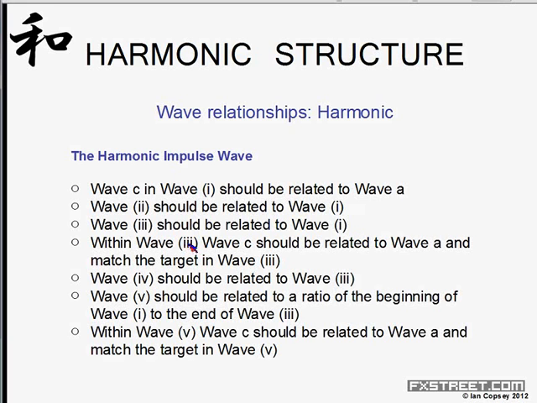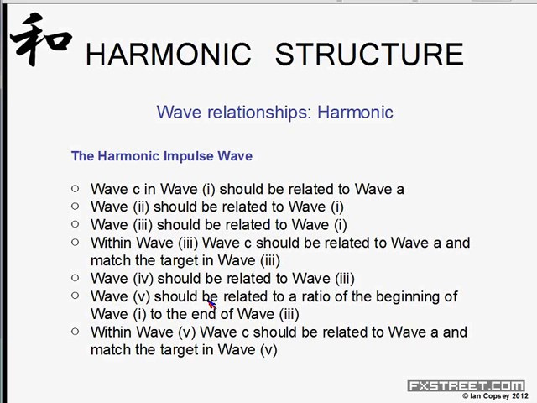Within wave 3, wave C should be related to wave A. The 2 targets, the wave C target, should match the target for wave 3. Wave 4 should be related to wave 3. And also, in some respects, in terms of alternation, it will be related to wave 2 as well.